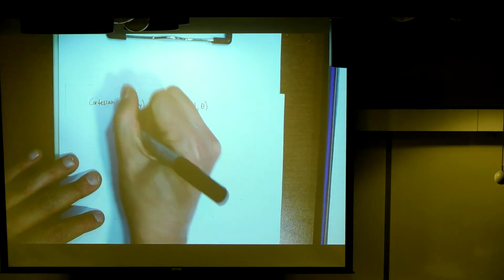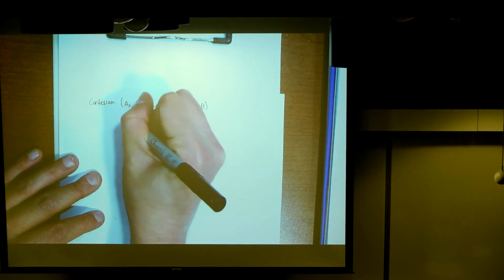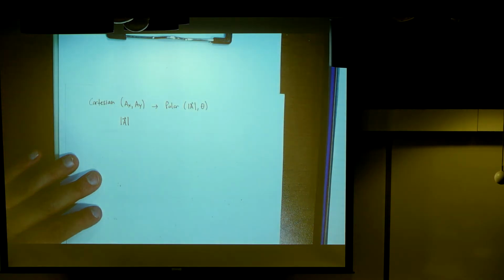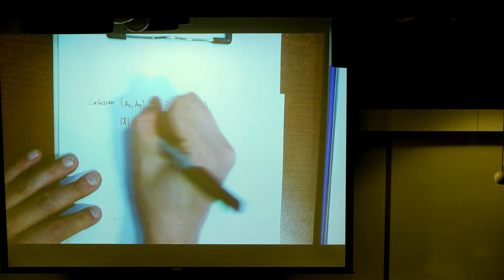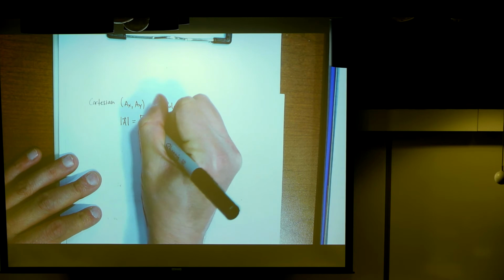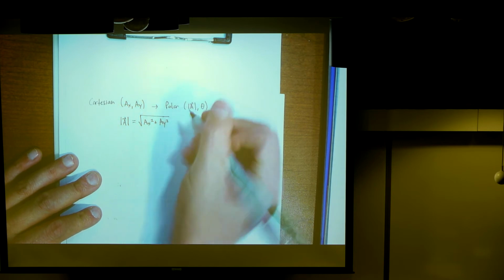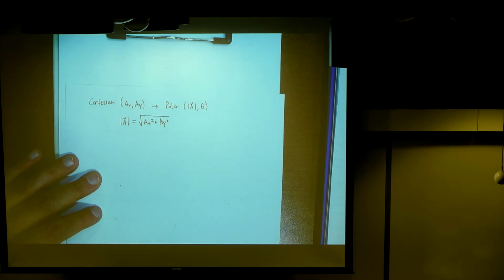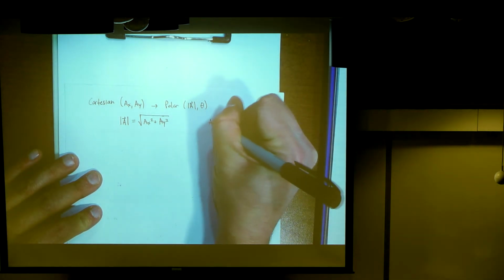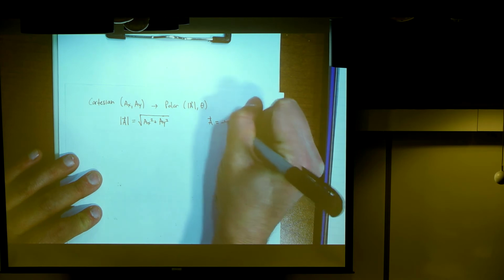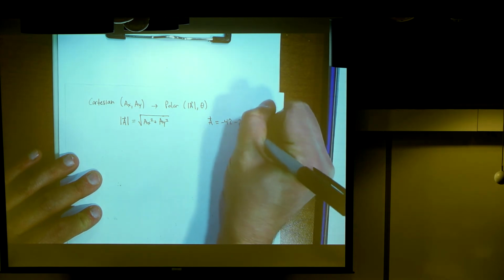So let's just grab the relationships that we derived earlier. The magnitude of A is the square root of ax squared plus ay squared. And in this case, what goes in for ax? Let's remember the vector was A equals minus 4 i hat minus 3 j hat.